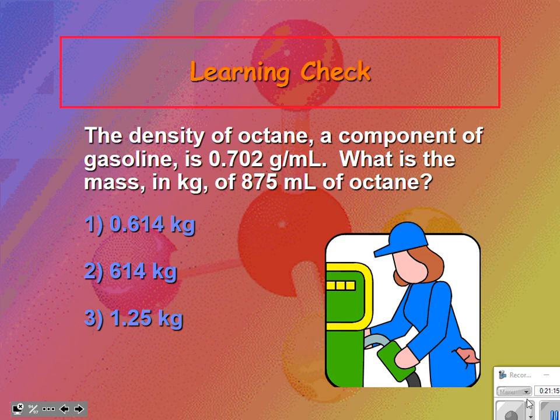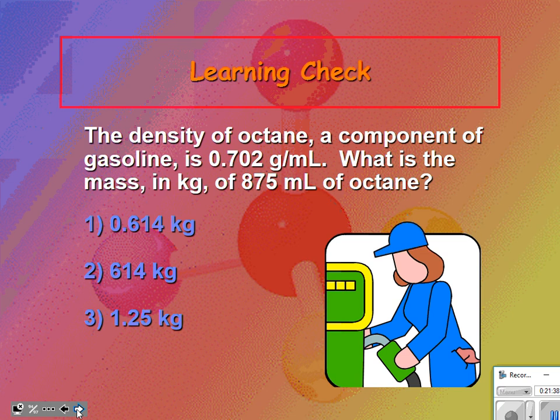I'll give you a second to do that. Now, one thing I hope you recognize, ladies and gents, is that the question wants your answer in kilograms. You're going to get your answer in grams, and then you're going to have to convert grams to kilograms.